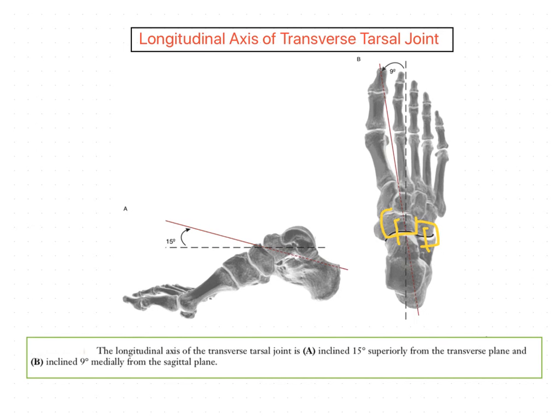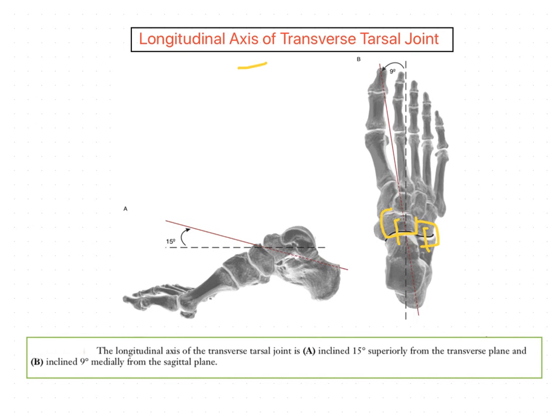So because of these multiple segments and axes involved in the movements of the transverse tarsal joint, we are going to consider some classical work done by Elftman, Manter and Hicks, who proposed two axes to understand the movements of the transverse tarsal joint.